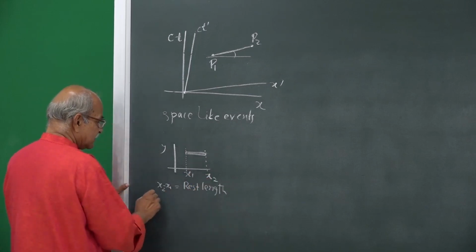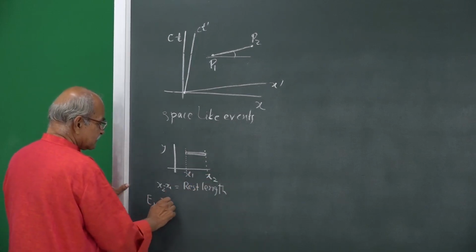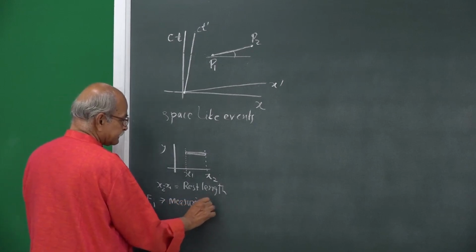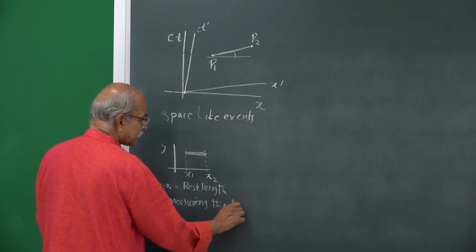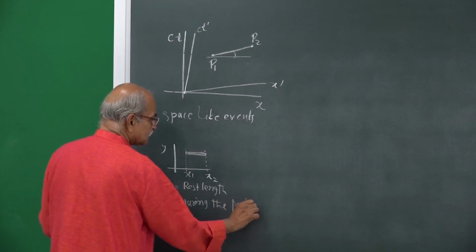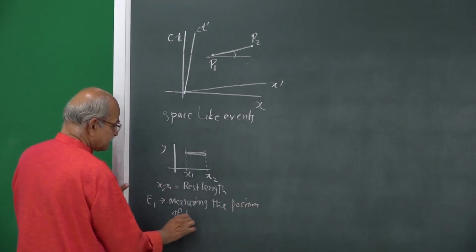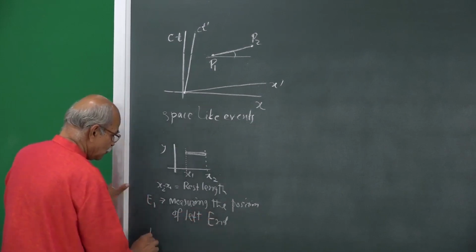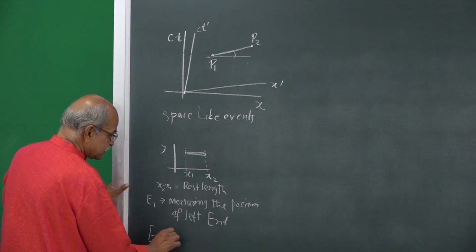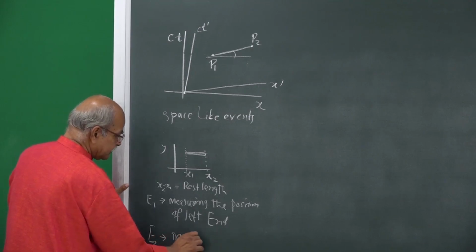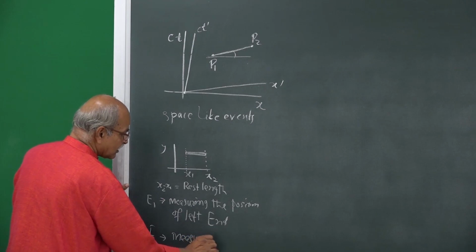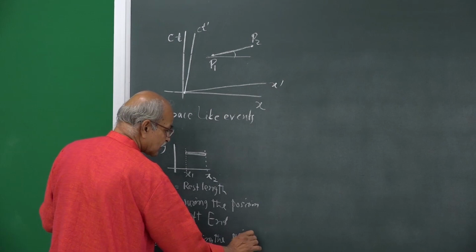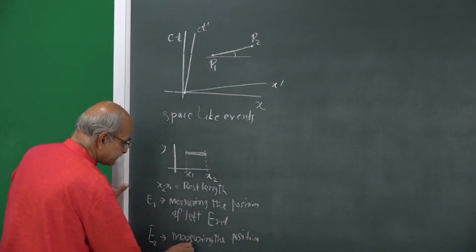First event is E1, which is measuring the position of left end, and then E2 is measuring the position of right end.